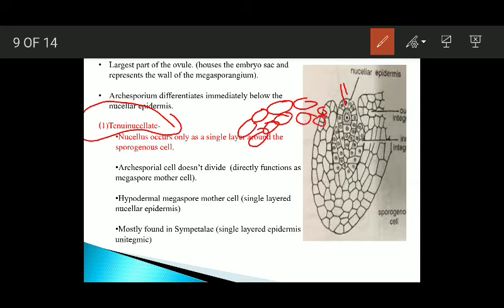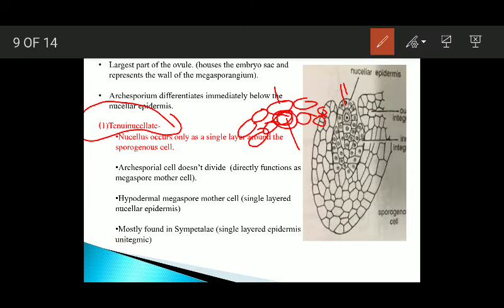Say for example, this cell which is present below the outer layer, or which is subepidermal, or you can say hypodermal, starts functioning as archesporium or archesporial cell. This archesporial cell, instead of dividing further, starts behaving as megaspore mother cell. The megaspore mother cell later on forms the megaspores that we are going to talk about in megasporogenesis.